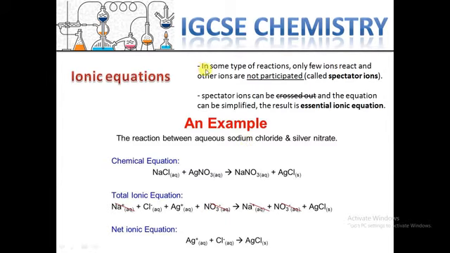In some types of reaction only a few ions react, and the other ions do not participate. Spectator ions can be crossed out, can be removed, and the equation can be simplified. The result is the net ionic equation.